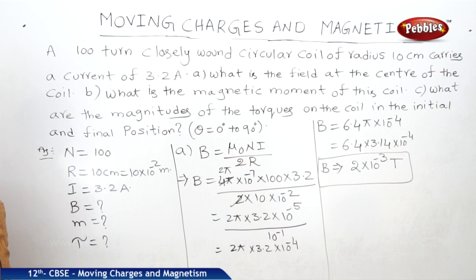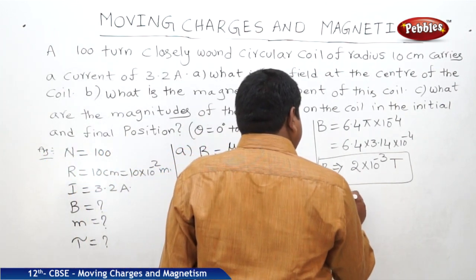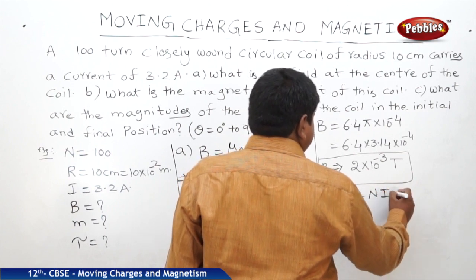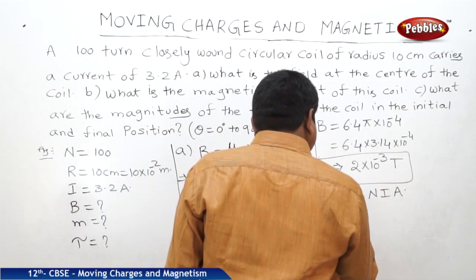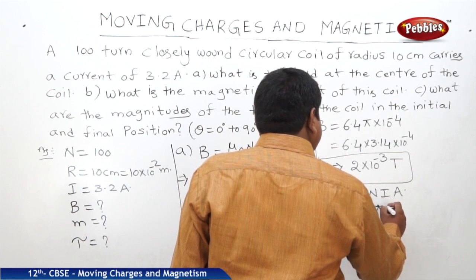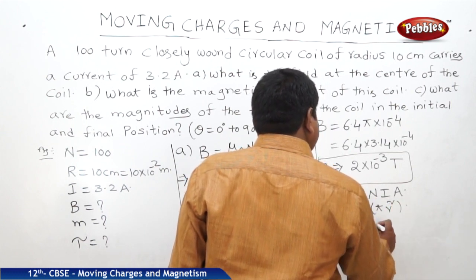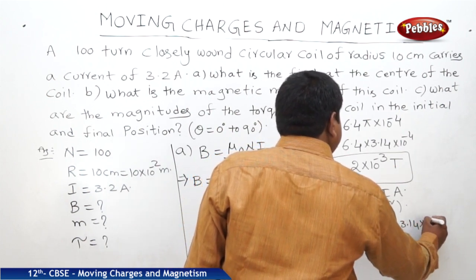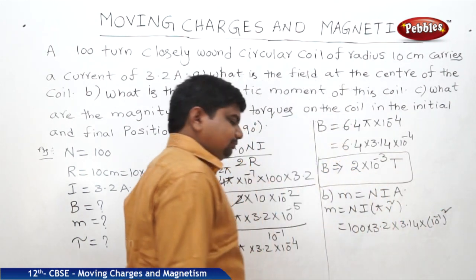So next one, magnetic moment. Magnetic moment M is equal to, for n number of turns, NIA. So we can write M is equal to NI, what is A? Pi R square. N is 100 turns, I is 3.2, pi is 3.14, R is 10 power minus 1 whole square.